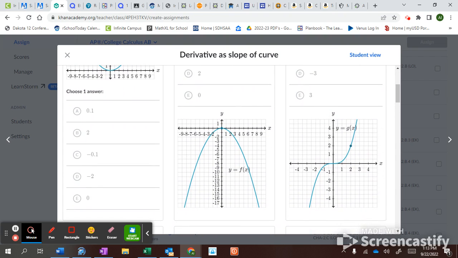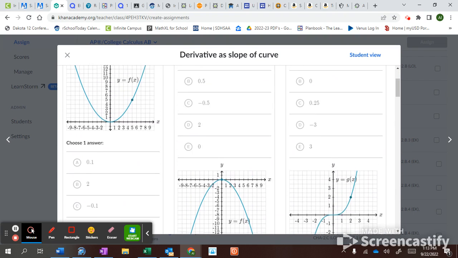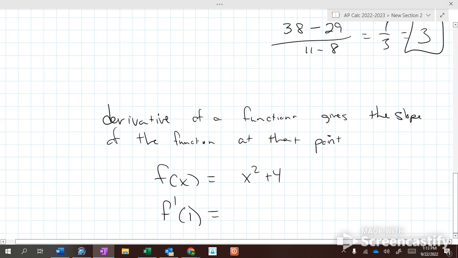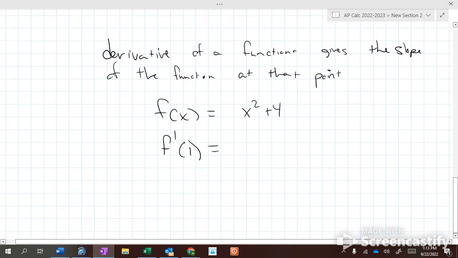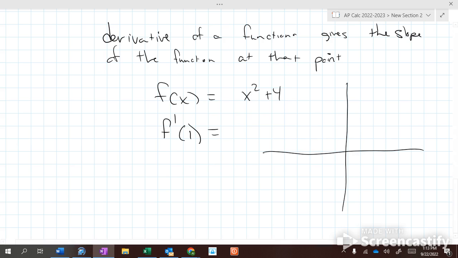So on today's homework, you'll be looking at a function and estimating what the first derivative is. So you'll be estimating the slope of the function. x squared plus 4 is like a parabola.